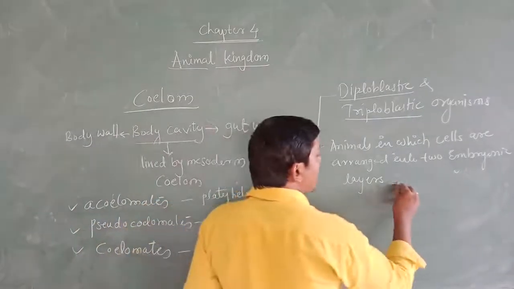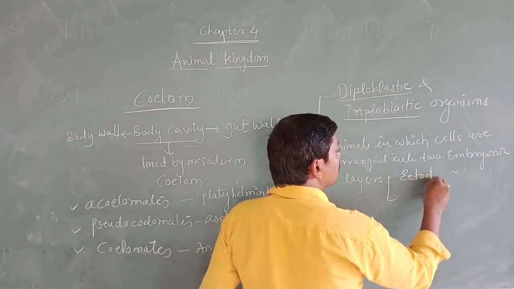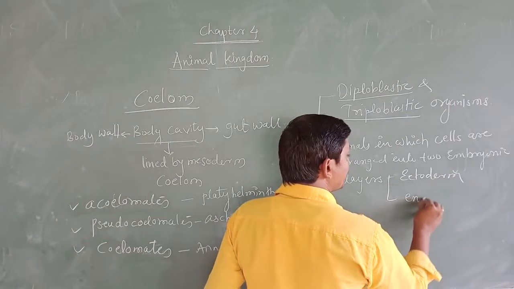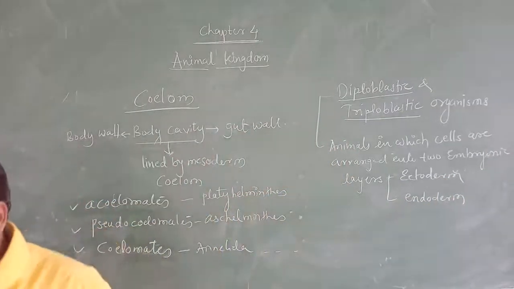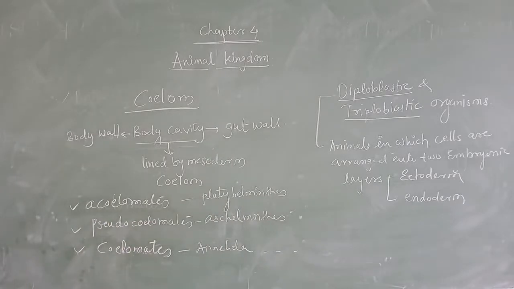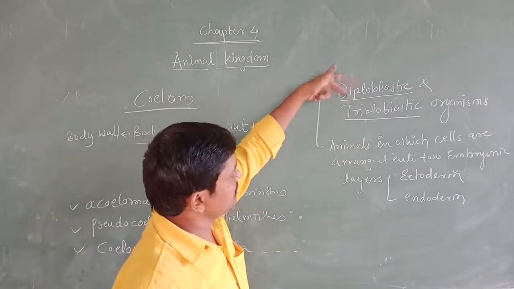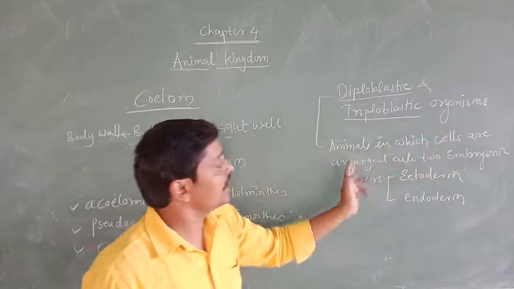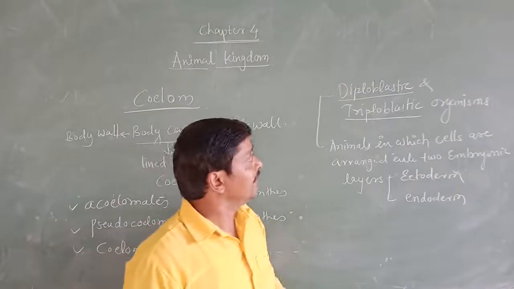And those two layers are, one is ectoderm, another one is endoderm. The outermost layer is called ectoderm and the innermost layer is called endoderm. This is in the case of diploblastic animals, in which cells are arranged into two embryonic layers.